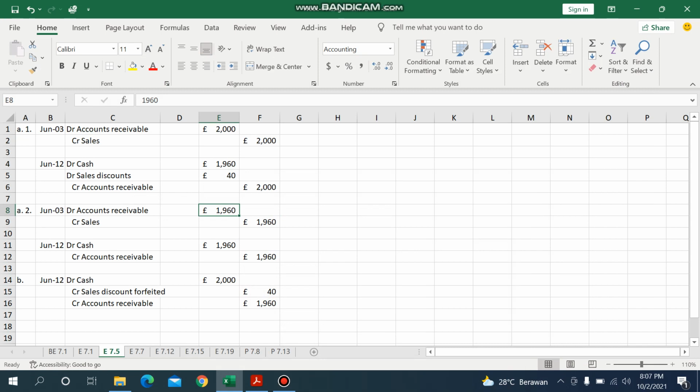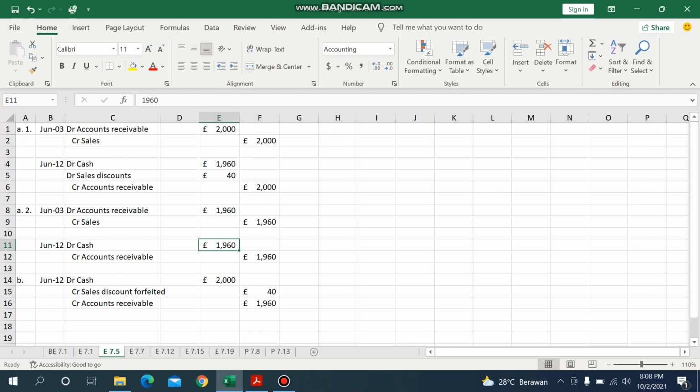It is assumed that the customer will pay within the discount period. So 2000 minus 2% of the 2000 will be directly 1960. And then when the customer pays Bolton, directly debit cash, credit accounts receivable 1960. So there will be no sales discount under this method.